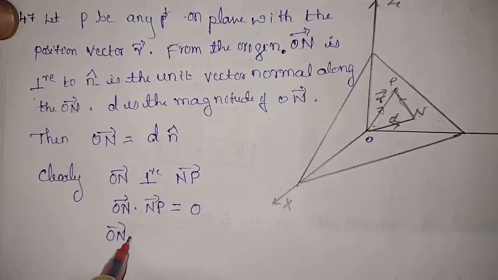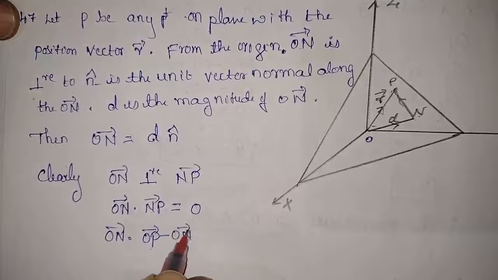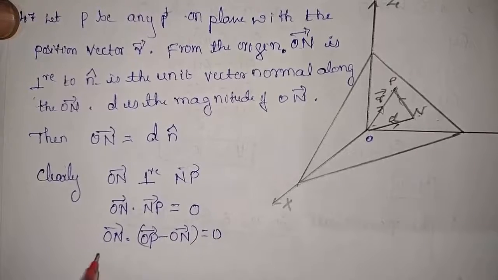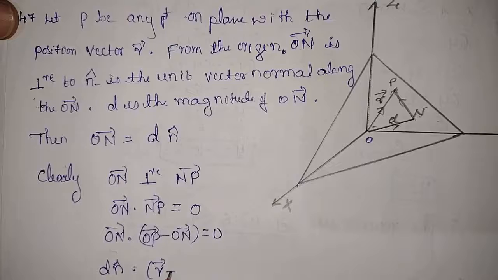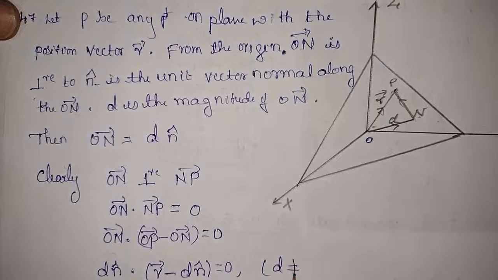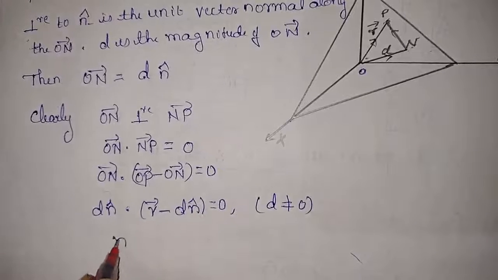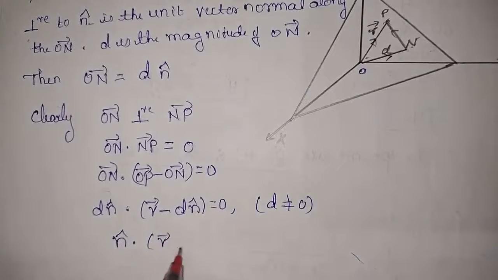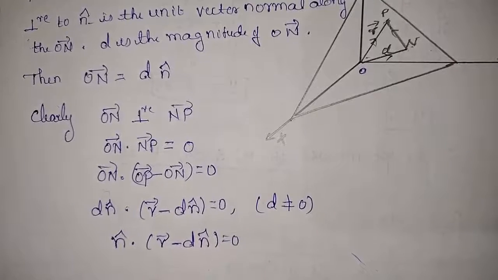NP vector can be written as OP vector minus ON vector, which is also equal to 0. ON vector is nothing but d into n cap, dot OP vector, meaning r vector, minus again ON vector, meaning d into n cap, is equal to 0. Here d is not equal to 0. Afterwards, n cap into r vector minus d into n cap is equal to 0.